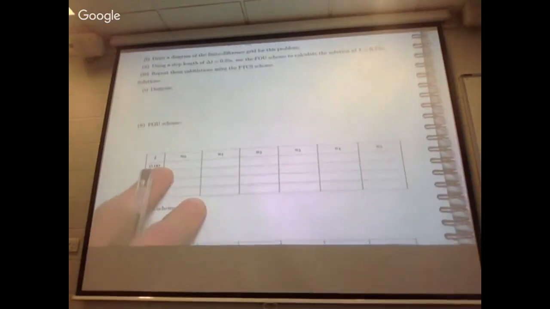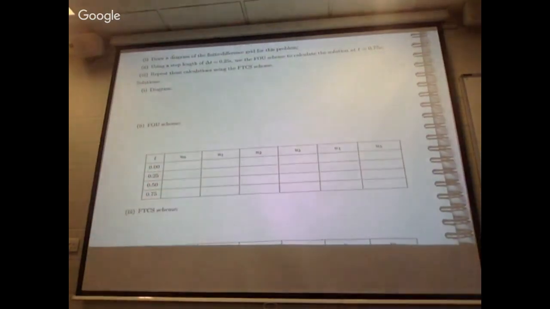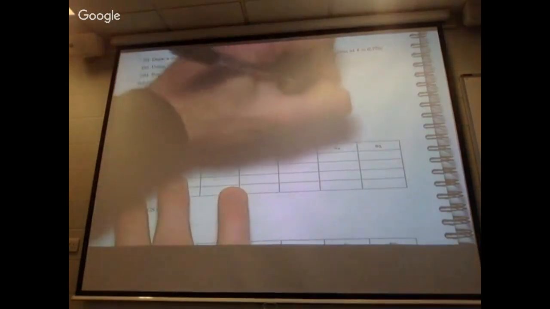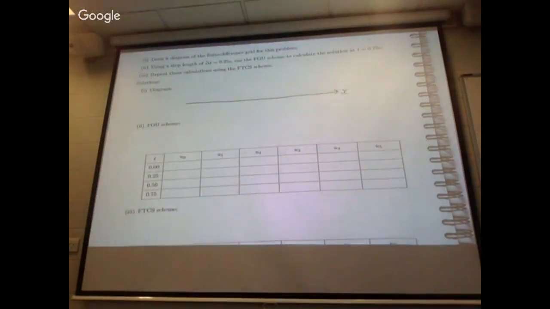Now, those of you who know me from graphics last year, I'm always saying have a scrap piece of paper next to you whenever you do any sort of work on the computers. It really does help. So drawing the diagram, we have a one-dimensional line. That's our spatial domain.